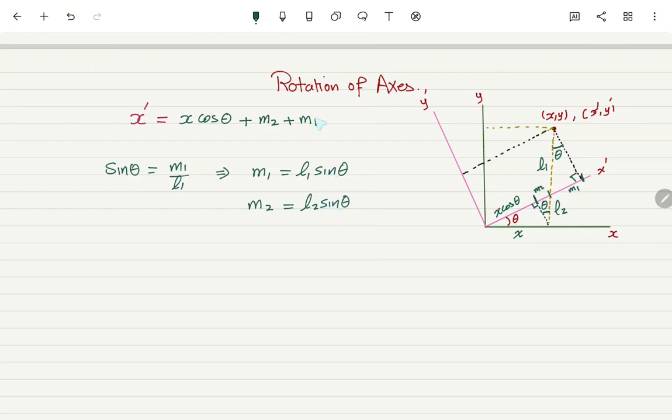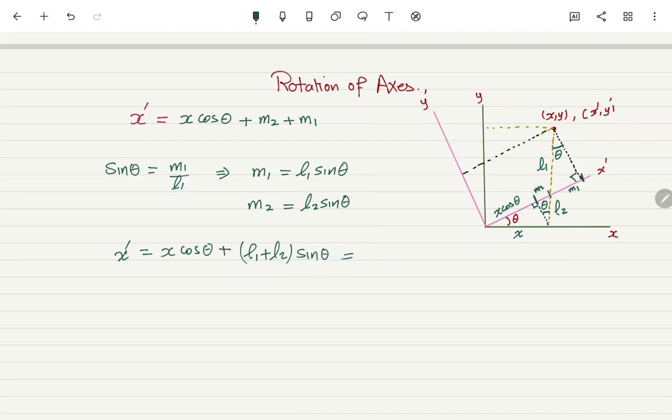Based on this, if we plug them back in this one here, so x prime equal to x cosine theta plus L1 plus L2, because it's the same angle, sine theta.